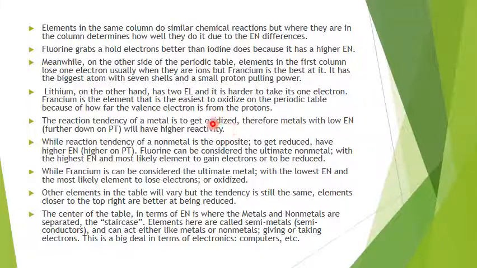So for the elements further down the first column, like francium, francium has the highest reactivity of all the elements in the first column because it has the easiest ability to lose electrons.